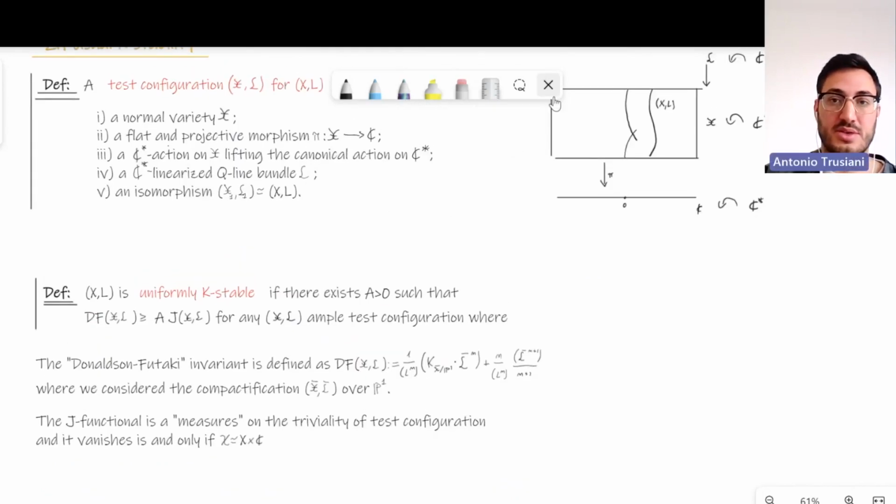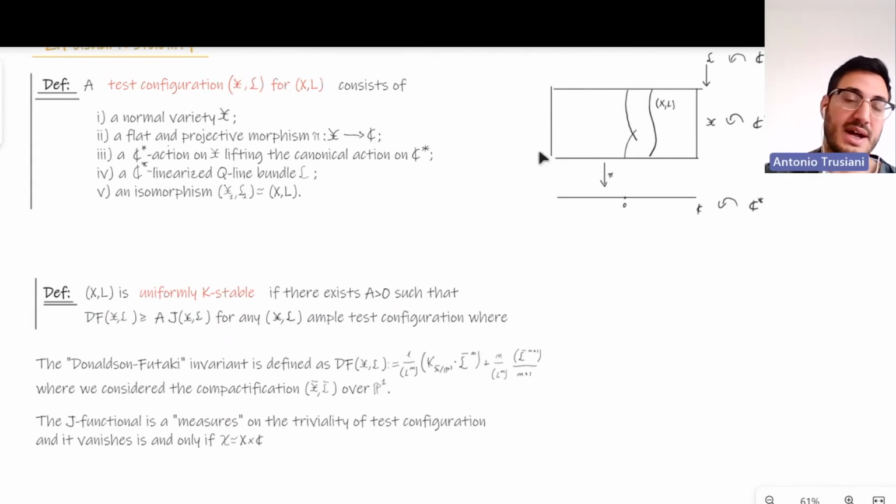Okay. So the point now is that we want to consider this divisor, our b-divisor. So we need to interpret these test configurations in a more Riemann-Zariski perspective.